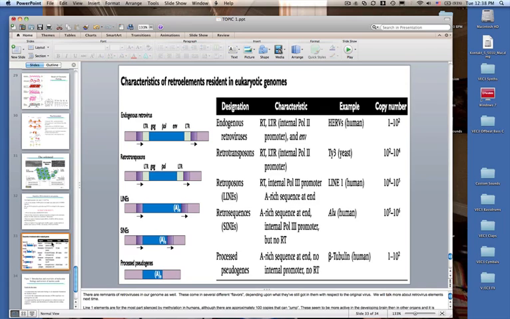Okay? The cool part is, again, to me, as a virologist, we actually have some of these in our system that work. And by working, I mean they actually produce virus. Right? So they're retroviruses.